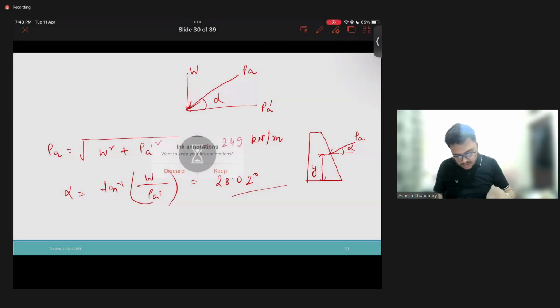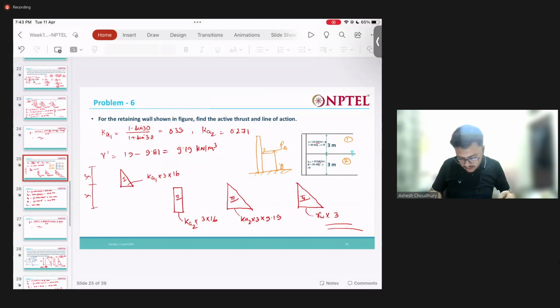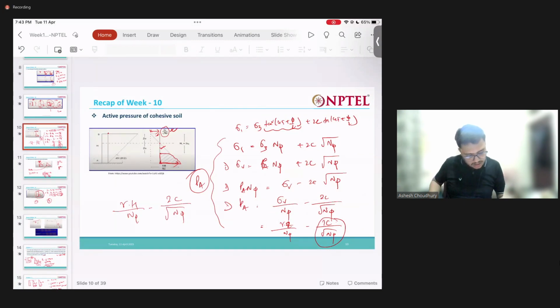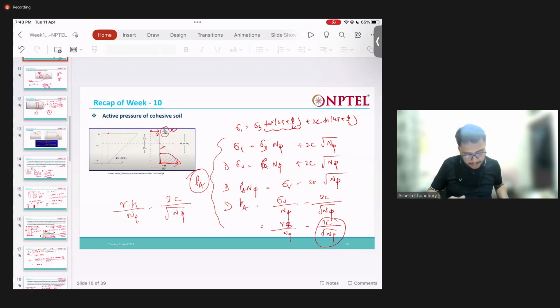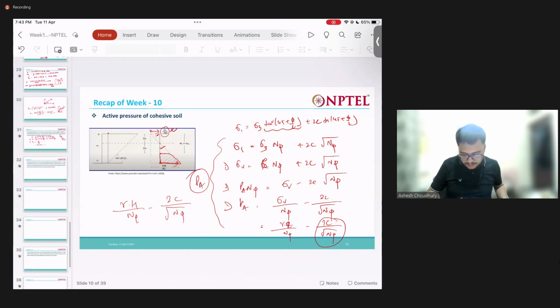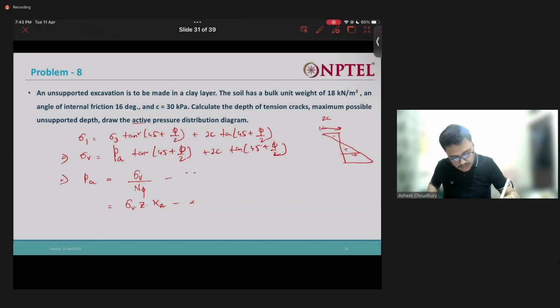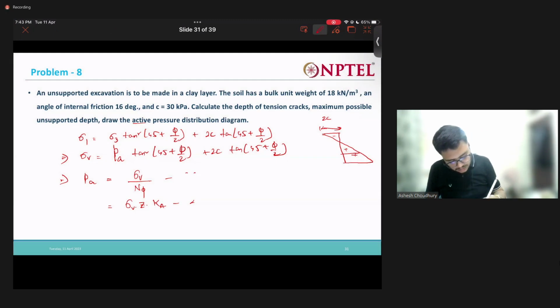Yes, 2c root over Ka. So this is this negative value.